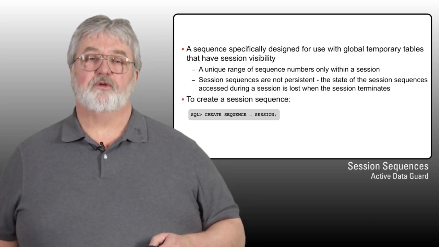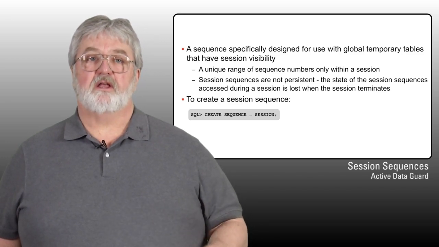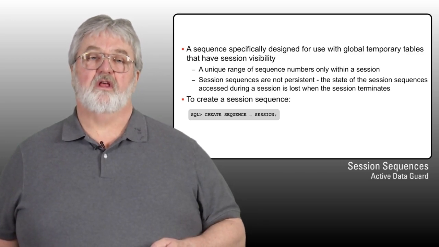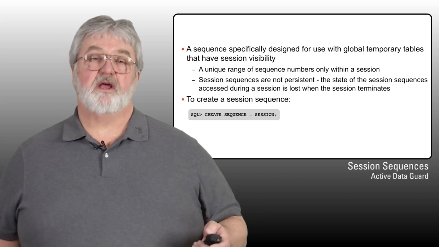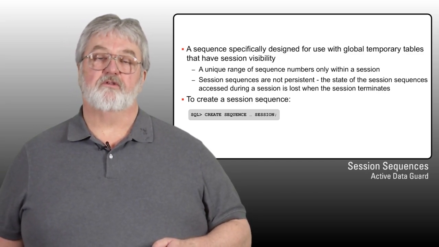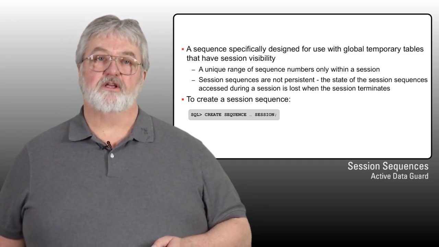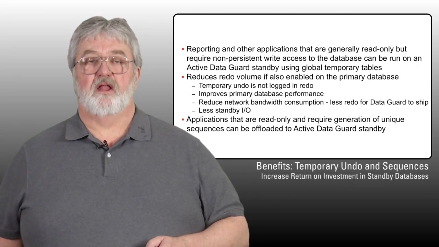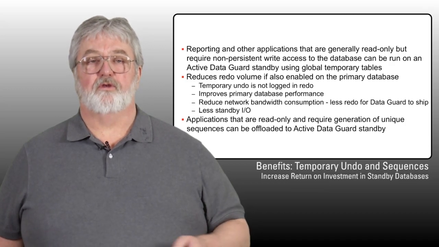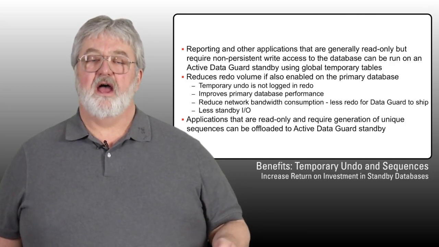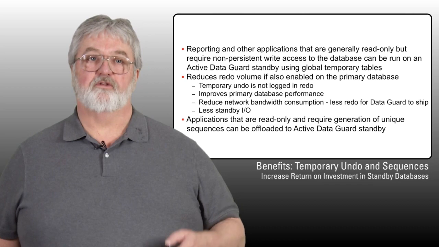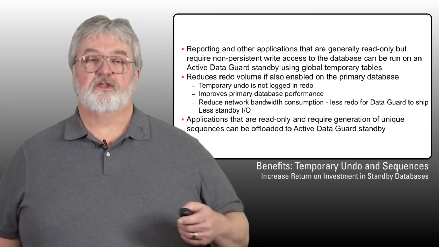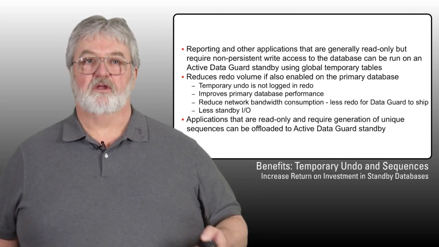And now what happens when you say next val, you will get your own set of sequence numbers, and they would be identical to anybody else using the same sequence on any of the other databases in the configuration. So the benefits of temporary undo and sequences is obvious. You can now write to global temporary tables, and you can also use sequences in your report so that when you generate information, you have identifiers that allow you to keep things separate.